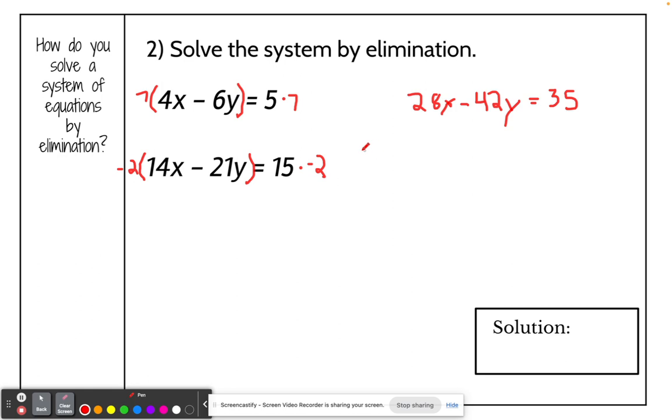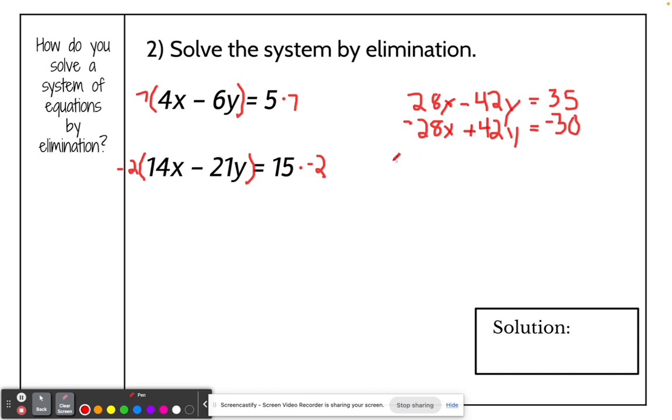Negative 2 times 14x is negative 28x. Could I have done something different? Yeah, there's lots of options I could have done. Negative 2 times negative 21 is positive 42y. And 15 times negative 2 is negative 30.